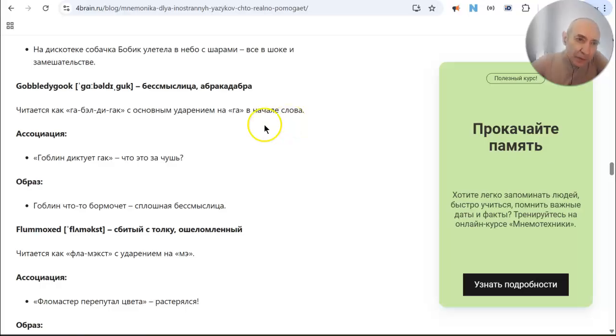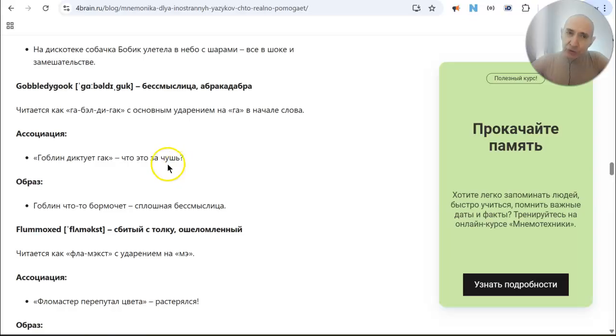Габелтигак. Ассоциация. Гоблин диктует гак. Что это за чушь? So goblin is a mythic creature, you know, goblin, yeah? It's kind of a creature from tales. Диктует, dictates. And gak is just kind of a made-up word in this context. So goblin dictates this word gak.